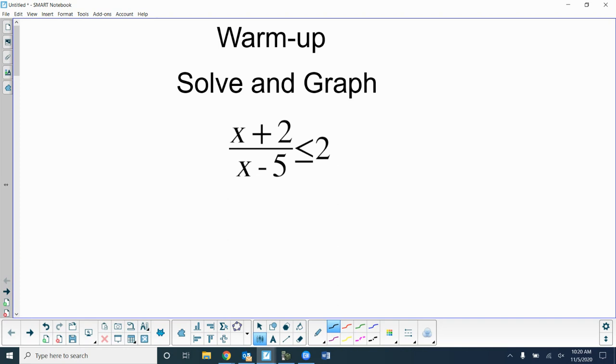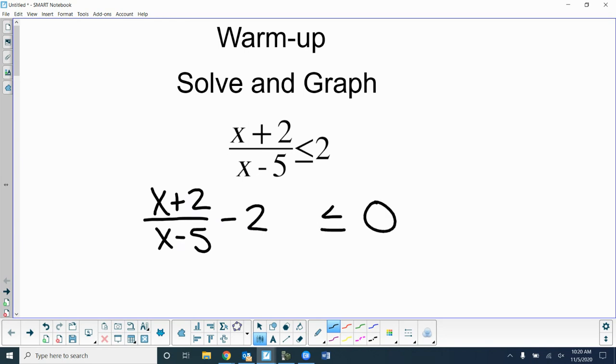All right, so I got x plus 2 over x minus 5 minus the 2, less than or equal to 0. Now in order to subtract the 2 from that fraction, I have to have my common denominator. So this is going to take the same denominator, and since it was a 1 originally, we just didn't write it.